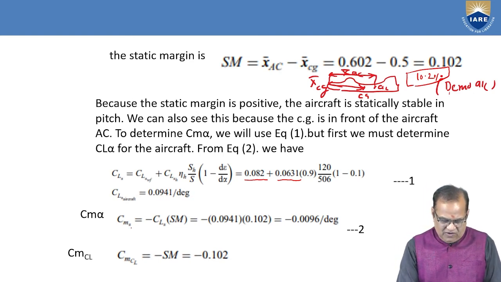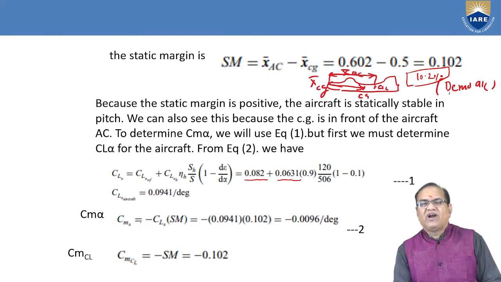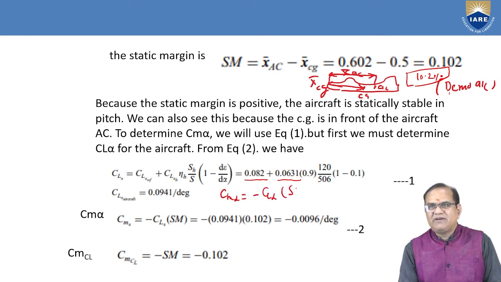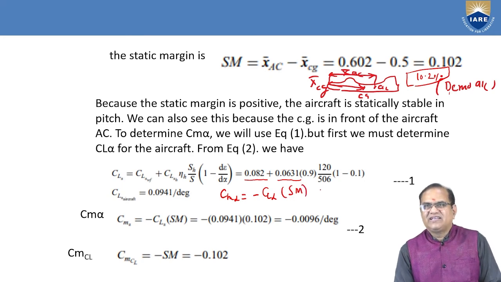So now we have to find out Cm alpha. We know that Cm alpha is equal to minus CL alpha into Sm. And we have found out 0.0941 into minus static margin, which we have got as 0.102. So if we multiply it, we will get minus 0.0096 per degree.